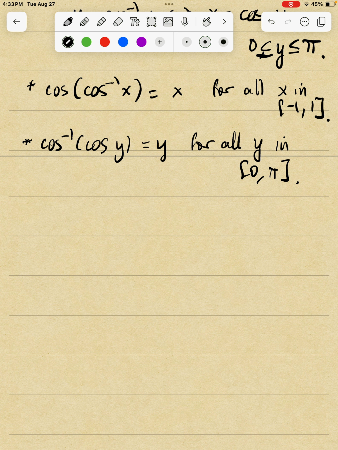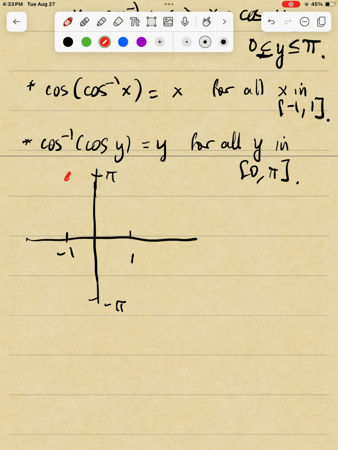Now let me see if I have a picture of the arc cosine function. So the arc cosine function looks like this. So from -1 to 1, and pi, it will look like this.